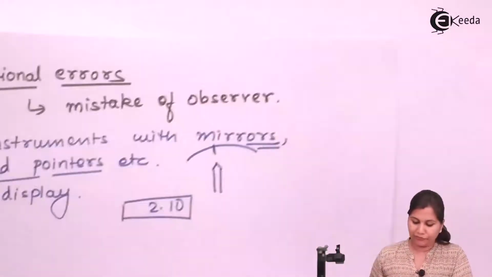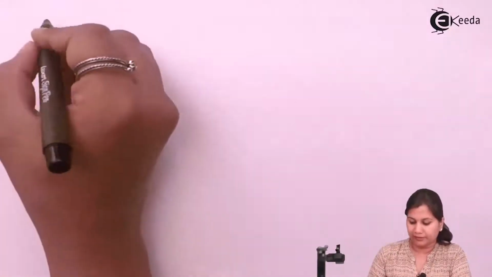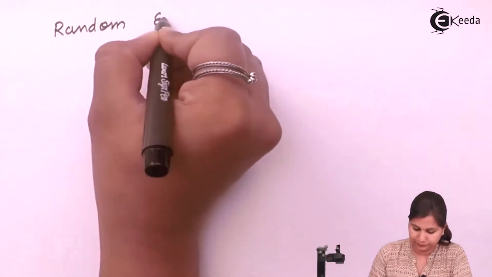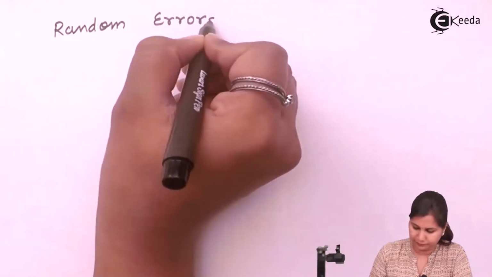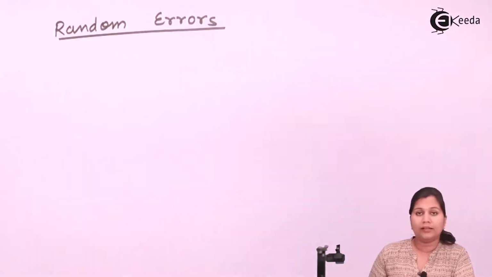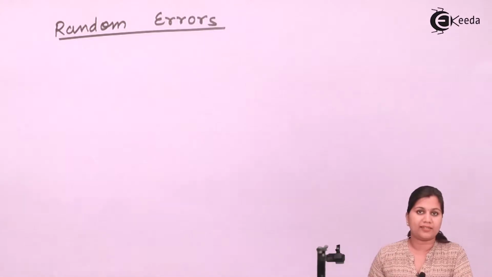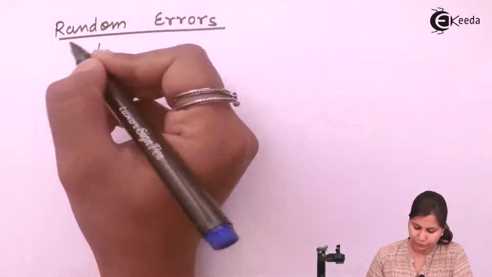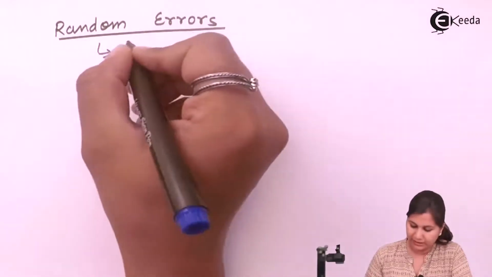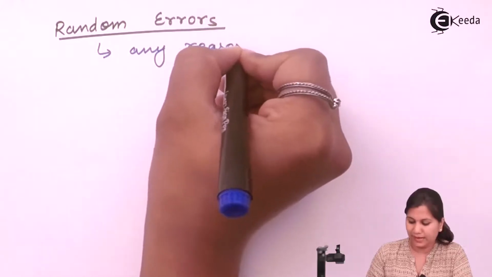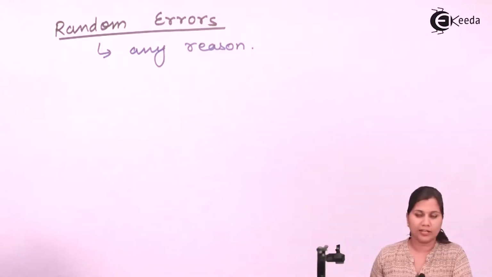The last type of errors are the random errors. The reason for the occurrence of these errors is not correctly known. They can occur due to any reason, randomly, in the instrument.